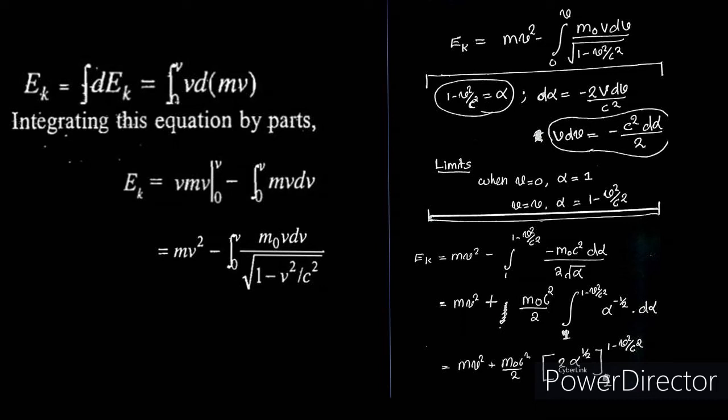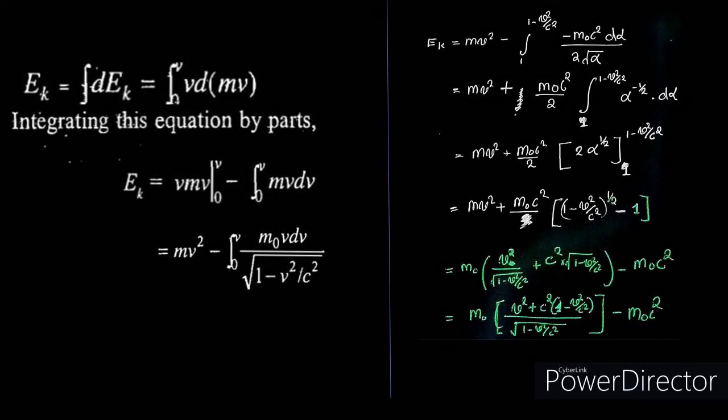Now you can easily integrate and substitute the limit, which gives Ek is equal to mv square plus m0 c square by 2 into, if you integrate, you would get 2 times alpha raised to half, and the limit is 1 to 1 minus v square by c square. Now if you substitute the limit, then we will get Ek is equal to mv square plus m0 c square into 1 minus v square by c square whole raised to half minus 1.